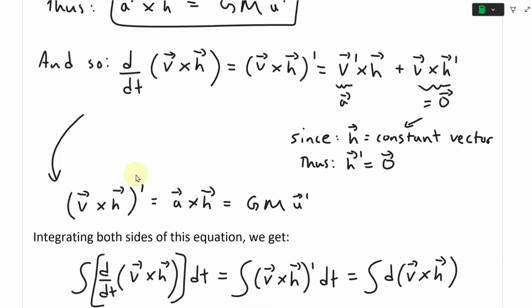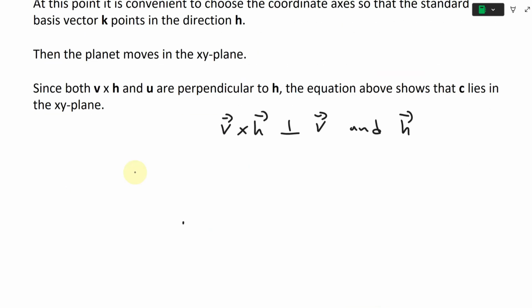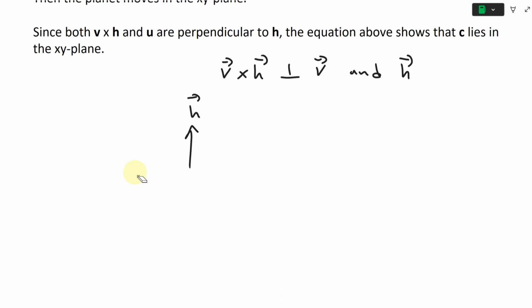We're going to choose, let's say, h along the z-axis. So let's make h vertical like this. There's h vertical, basically on the z-axis, so I'll draw the z-axis. h is going to be along the k direction there.